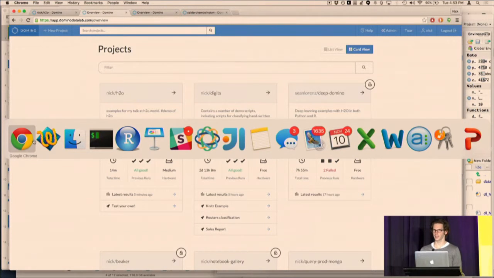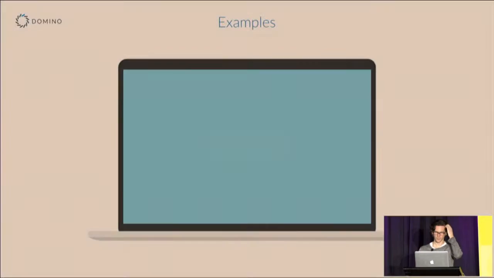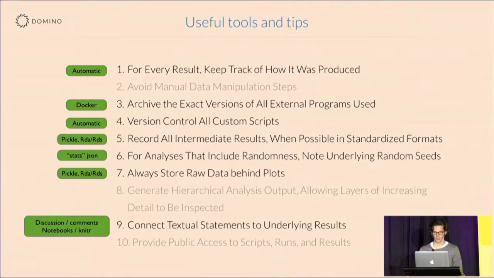I went really fast. Do folks have questions about the code that I put up there? Okay, let me flip back to the list I had for reproducibility and touch on a couple things.